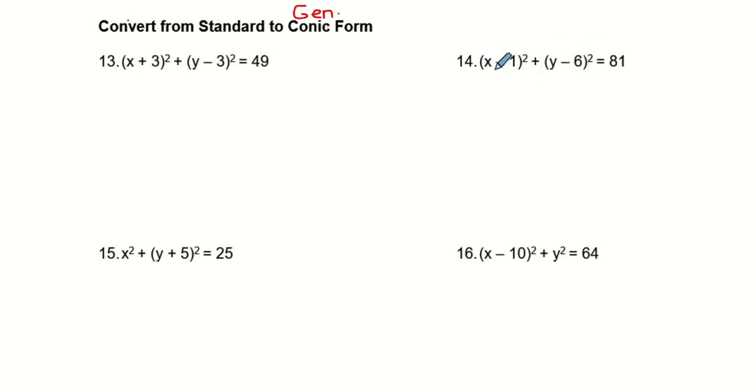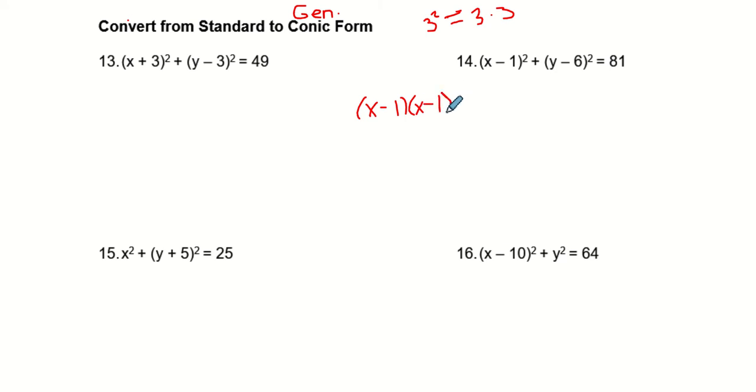So x minus 1 squared. Think of it: what does 3 squared mean? Well, 3 squared means 3 times 3. So x minus 1 squared means x minus 1 times x minus 1.